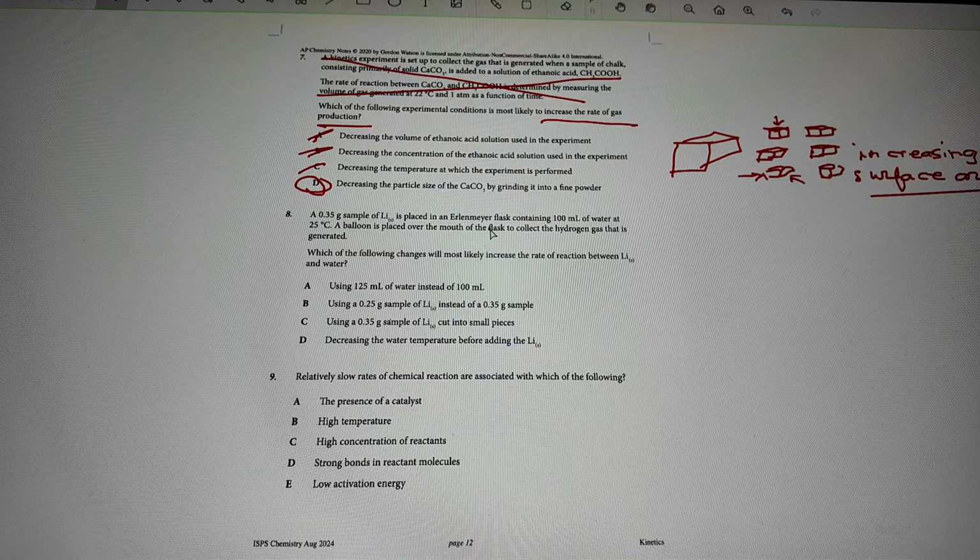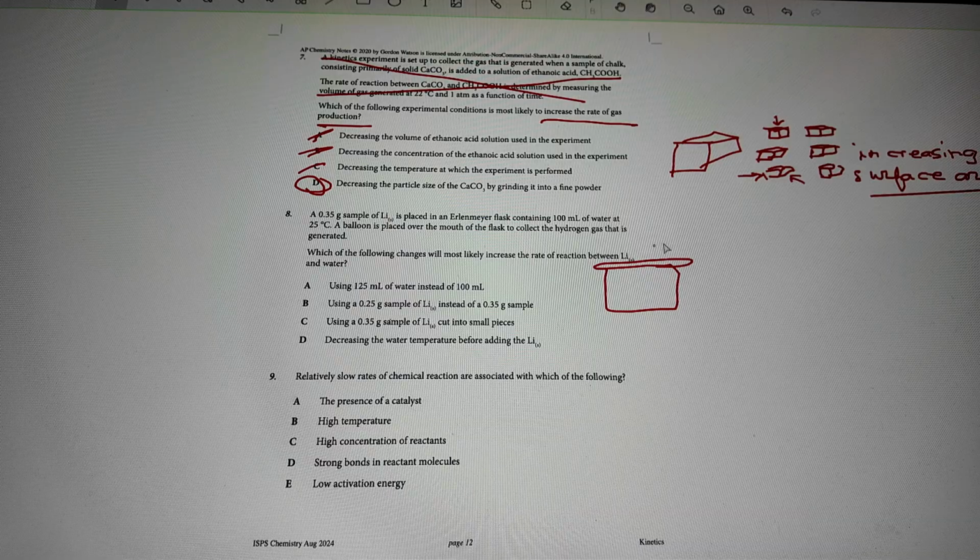Using 125 milliliters of water would increase the water, but that doesn't make the reaction happen faster. If I have a pot of soup and I add more water, that does not make the soup cook faster. It's not A.